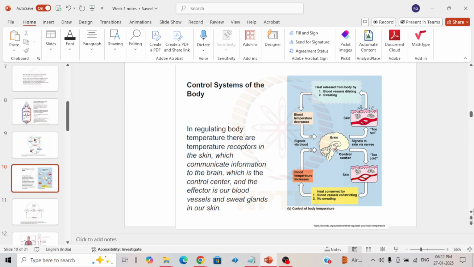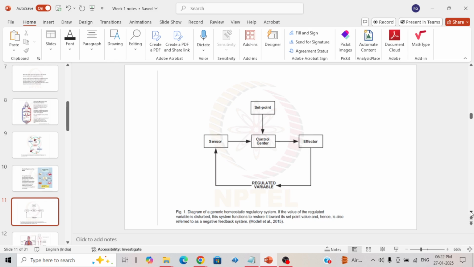Okay, so next thing, again, there's a set point. There should be some mechanism involved which tells the body that yes, this should be maintained this way only. There is a set point for each and everything inside the body which tells that yes, it should be like this only. This can't change.